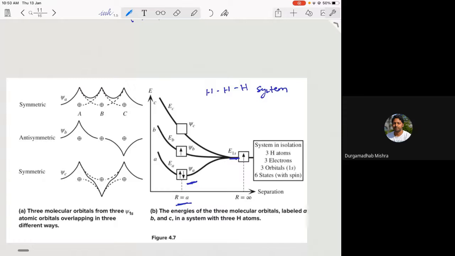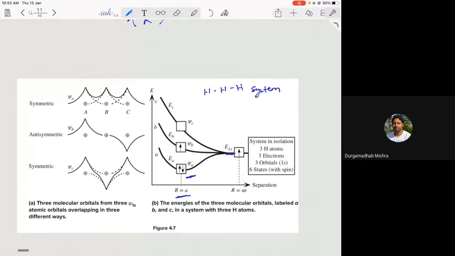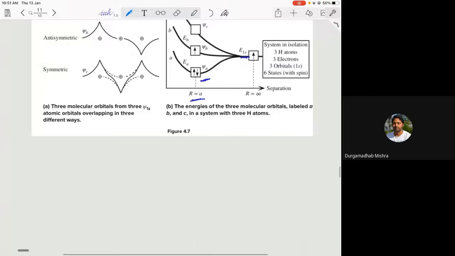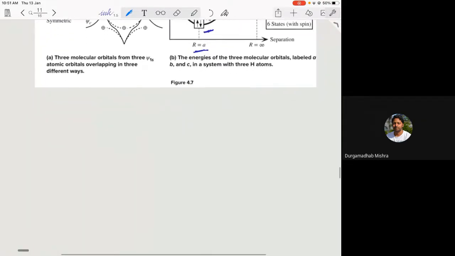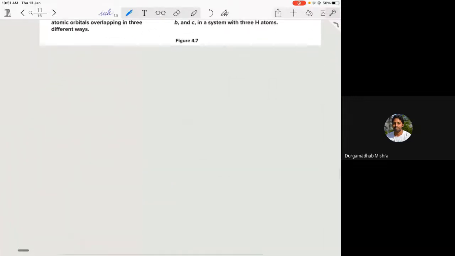Now we can go on doing this. Let's look at n atoms, but I will not take hydrogen here. I will take a real metal, which is lithium. It is 1s2, 2s1.